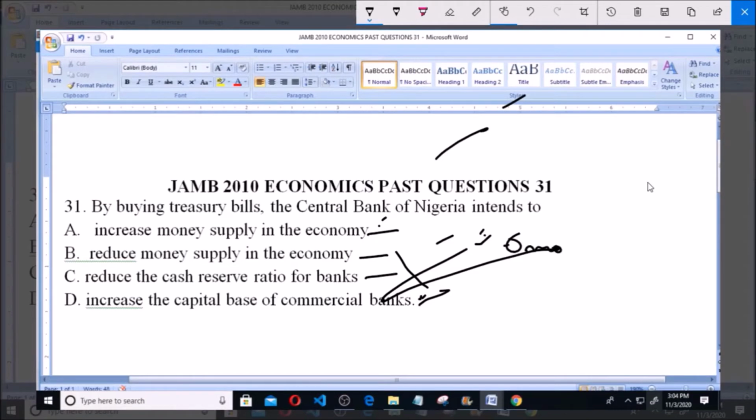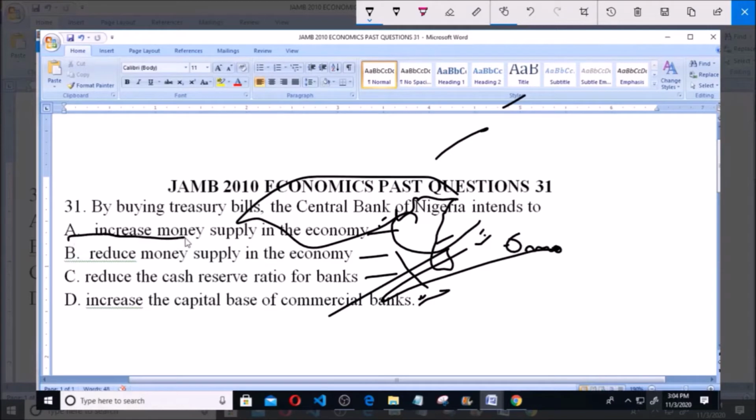When there is too much money in circulation, the central bank will sell securities. But in order to expand the volume, it buys securities. Therefore, option A is the correct answer. Increase money supply in the economy.